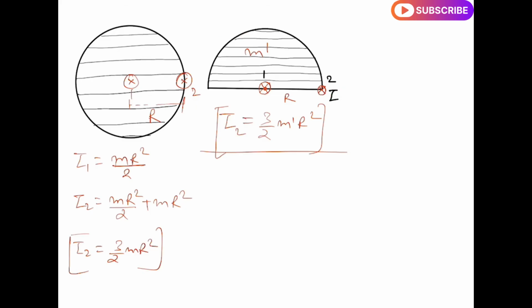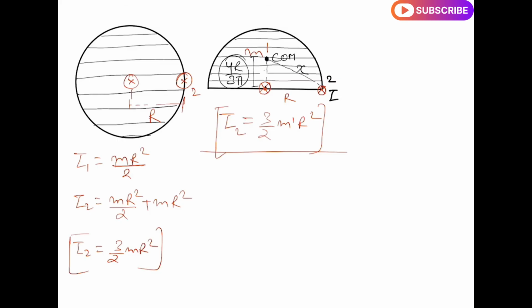We know that the center of mass of this disk is at a height of 4r by 3 pi. So this is COM, and let's suppose this is x.